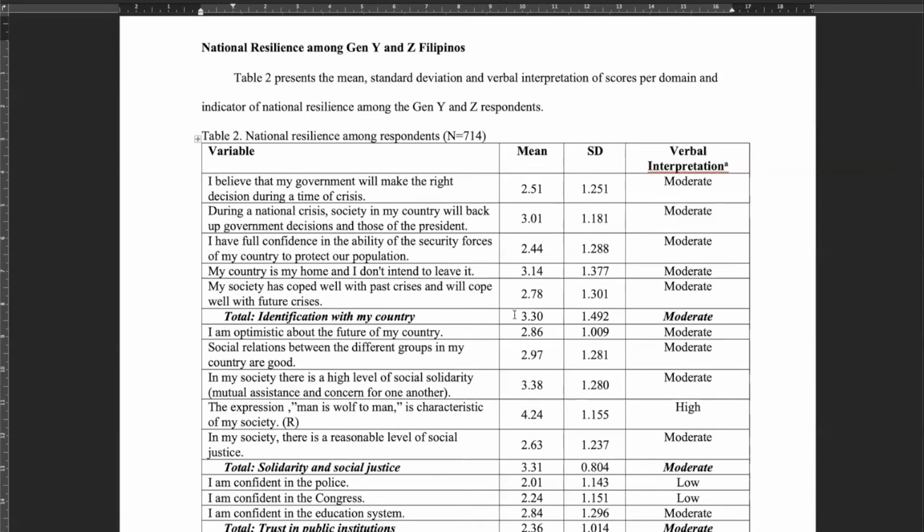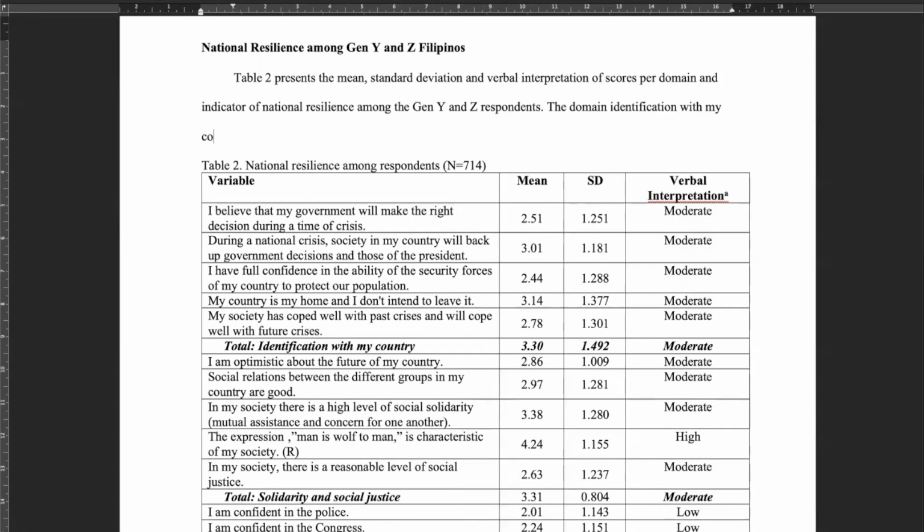And then what we do first is, there are many ways to do this, but one way that I usually do this is I interpret first the domain. So the domain identification with my country garnered a mean of 3.30 plus or minus 1.492, which has a verbal interpretation of moderate.